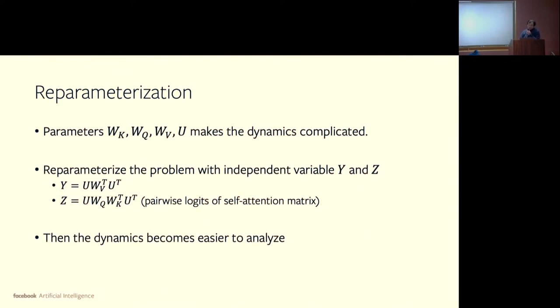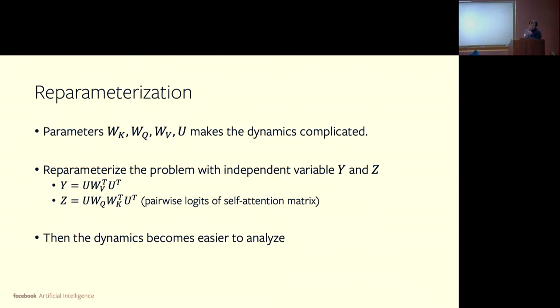So we actually make two very important tricks. First of all, you want to reparameterize the problem with independent variables. This has turned out to be very important for this paper and also for the follow-up work that gives a better understanding of multi-layers.